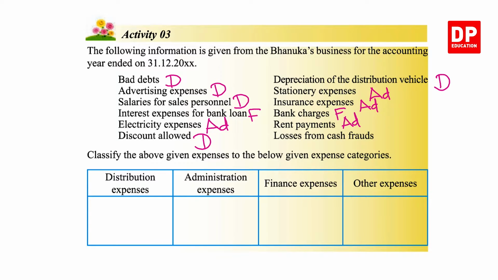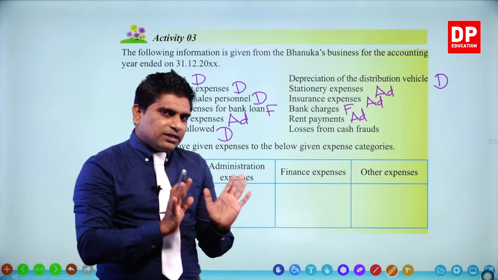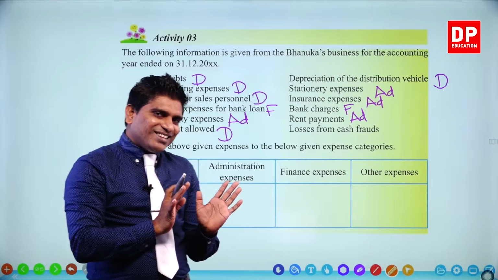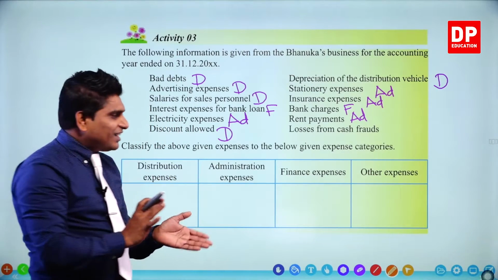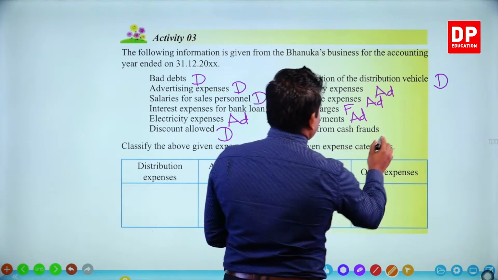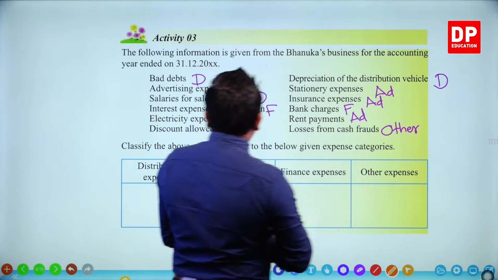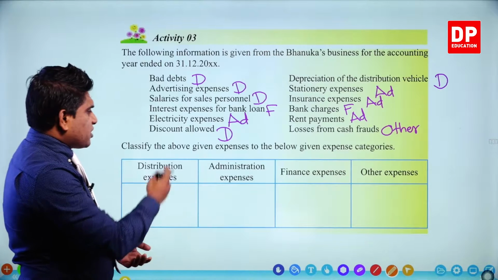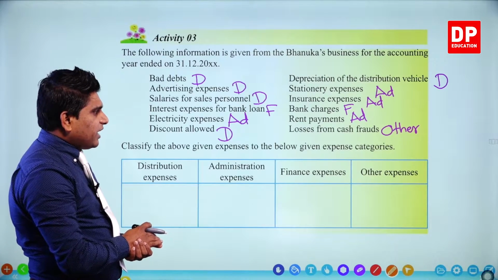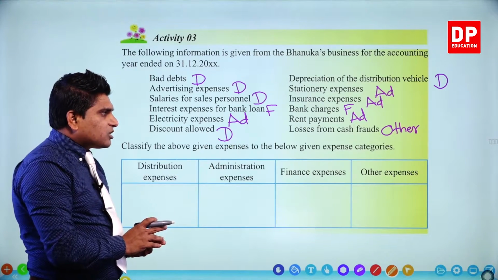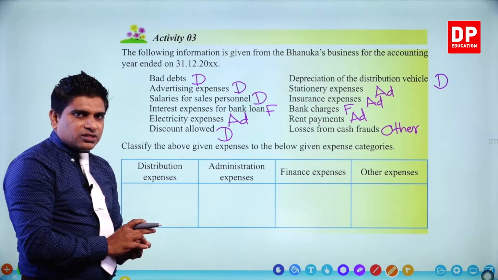Losses from cash frauds, where? Financial or other, right? Where? Financial or other. It comes under other, right? Other. I think only one expense comes under the other expense category, it is losses from cash frauds, right?